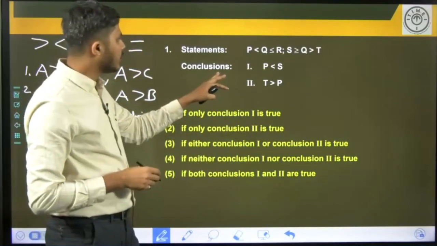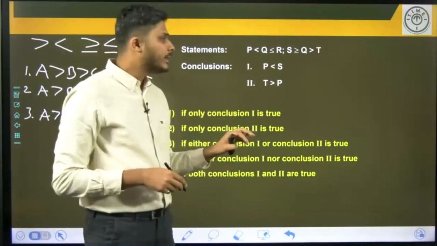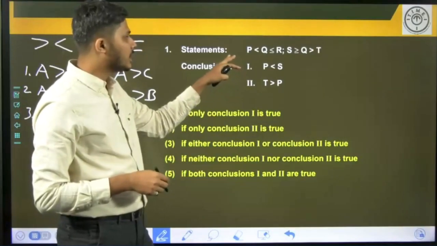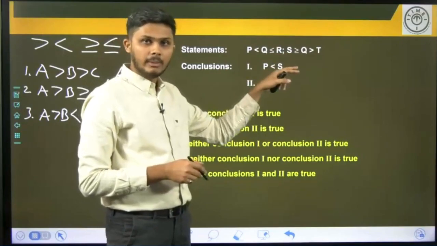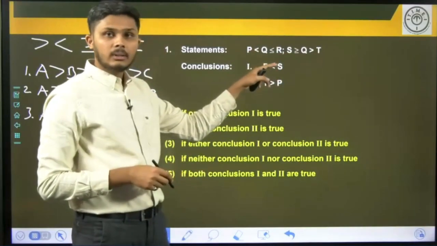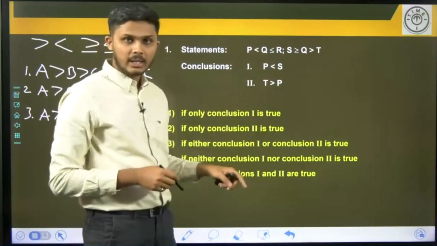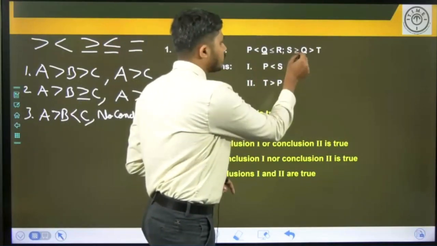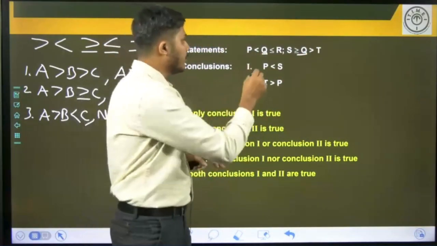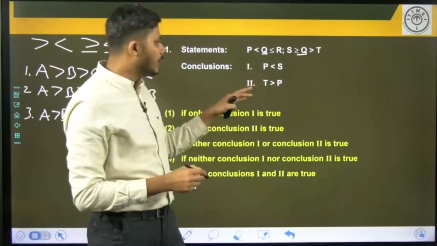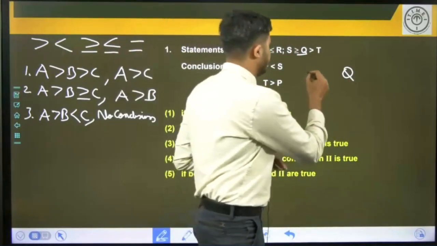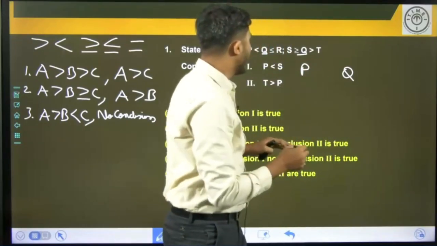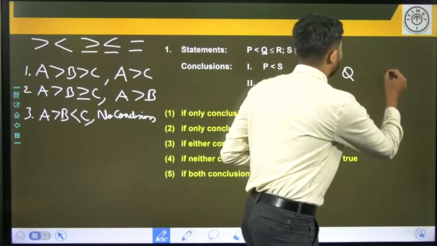The first conclusion here is P less than S. Can we directly form a relation between P and S? No, because P and S are in different statements. So let's find the common term between the first and the second statement, which is Q, and use this in the middle, with P at the left end and S at the other end.